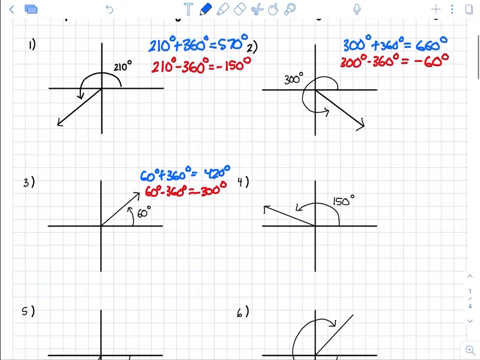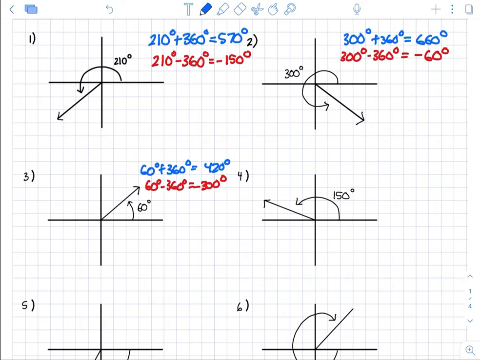For number 4, 150 degrees. In order to get back to that same spot the positive way, you need to add 360, so it'd be 510 degrees. And then to get a negative coterminal angle, 150 degrees minus 360 will give you negative 210 degrees.